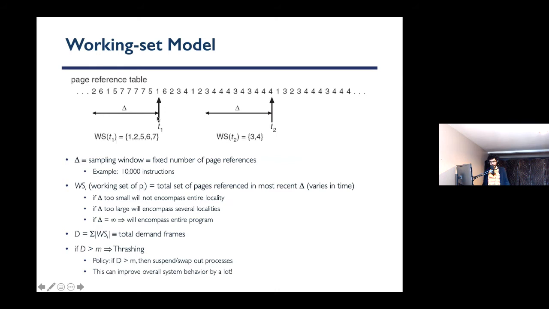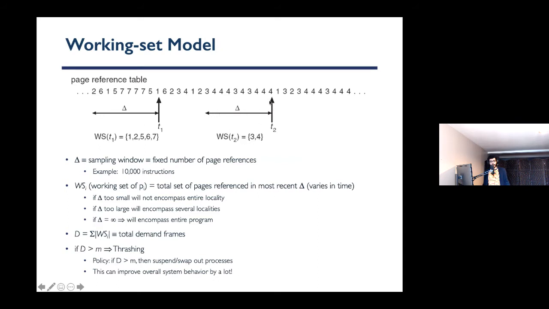So the concept of working set, you have to look at a window of time, because you're looking at addresses that you have accessed in the past window of time. So this delta is basically the window of time that you're interested in. And every time you get an access, you can add that page to your working set. And as you can see, the working set actually changes.